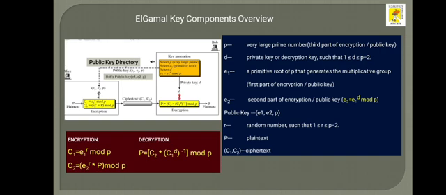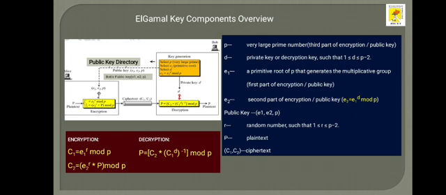At the receiver side, the receiver will use the ciphertext C1, C2 and the private key D to recover the original message. The formula for generating plain text is P is equal to C2 into C1 to the power of D, the whole inverse, mod P. So here first we need to find C1 power D mod P. After that we need to find the inverse of the resultant value.